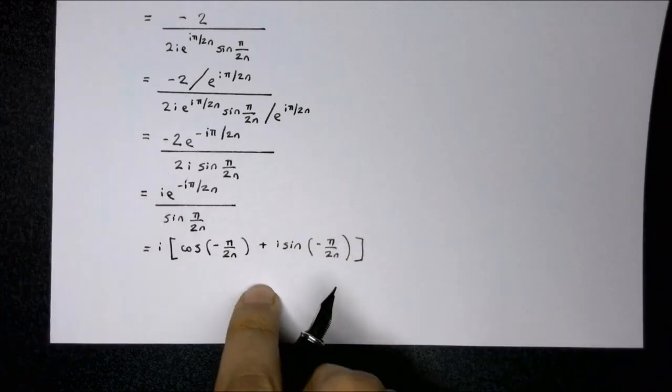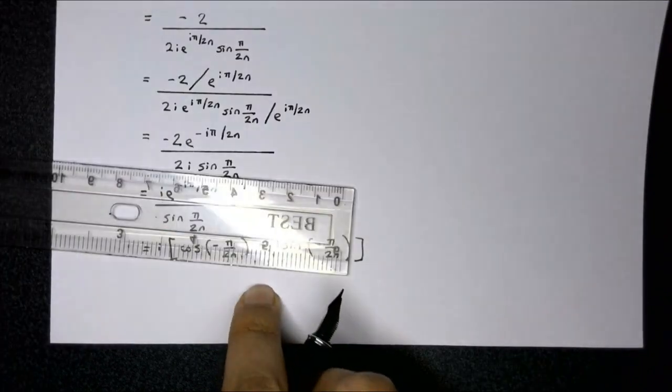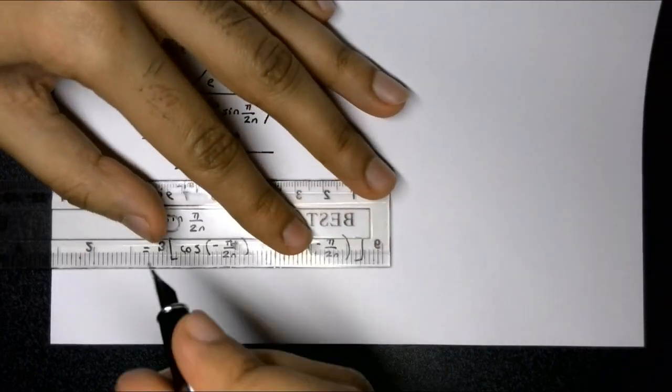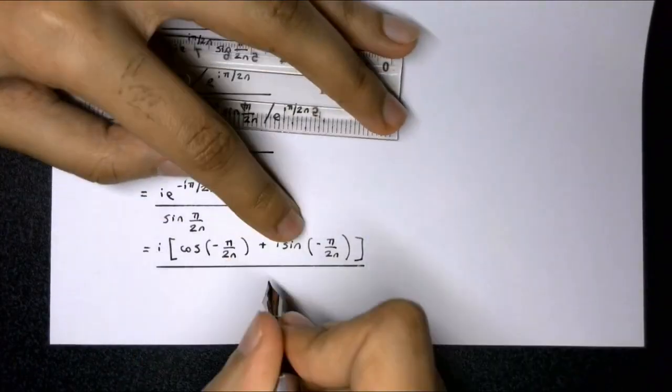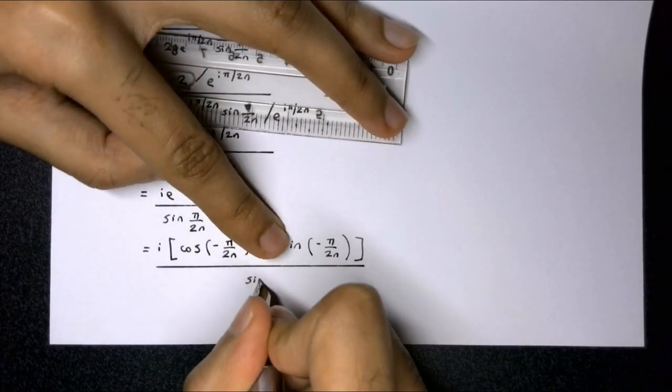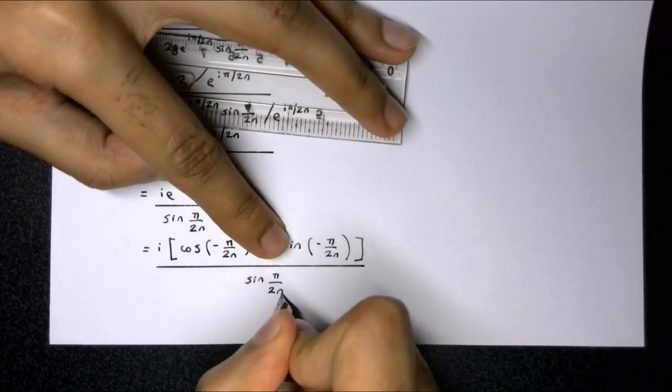Okay, and on the bottom, we still have the sine of pi over 2n.